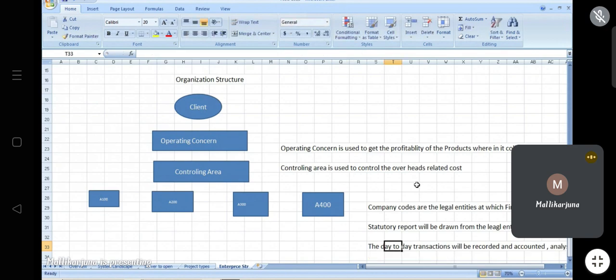So this is just a synopsis about the operating concern. We will understand more about the operating concern, controlling area, and company codes.